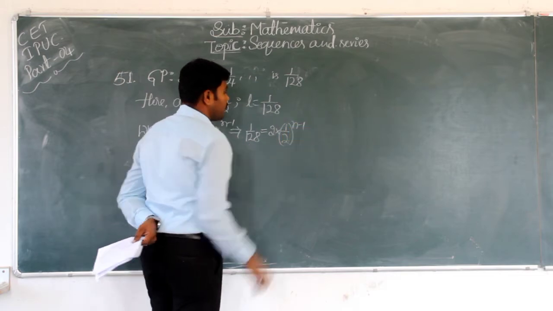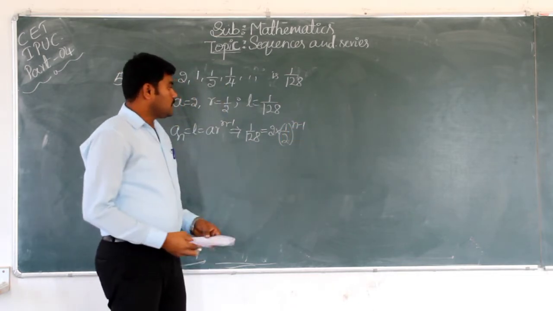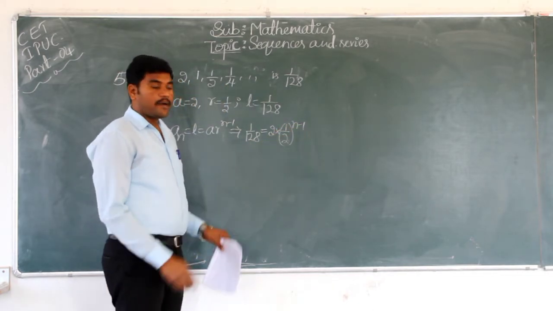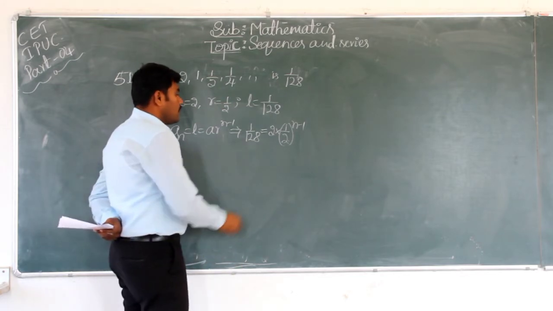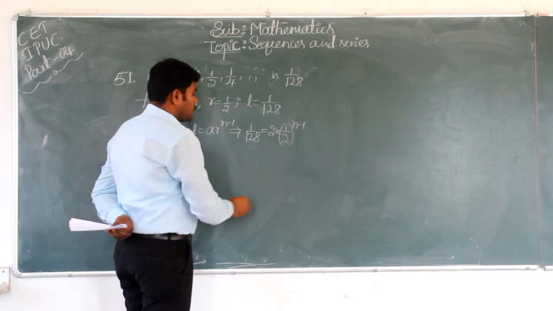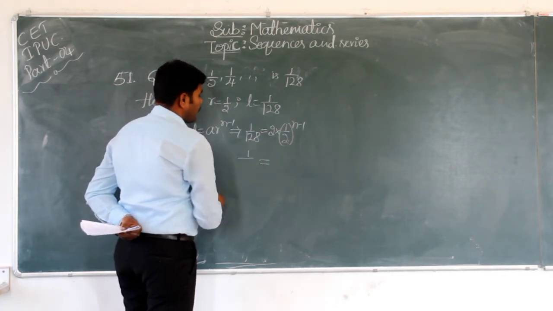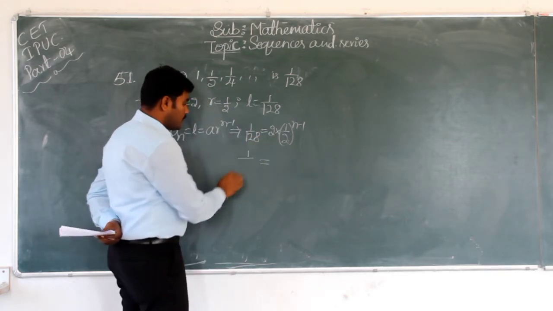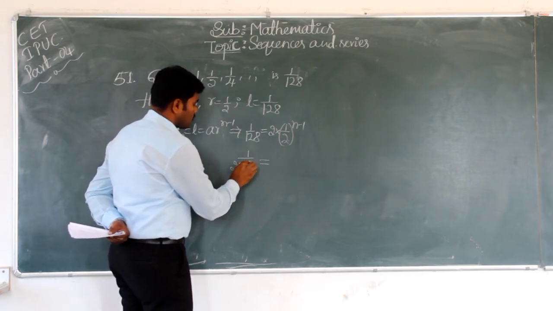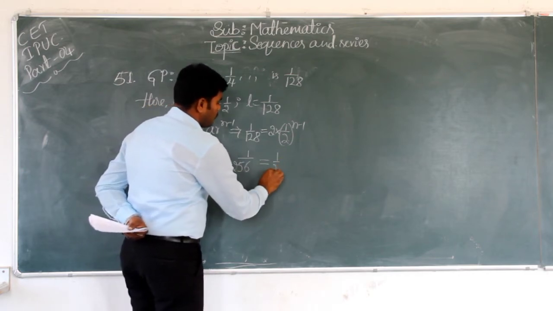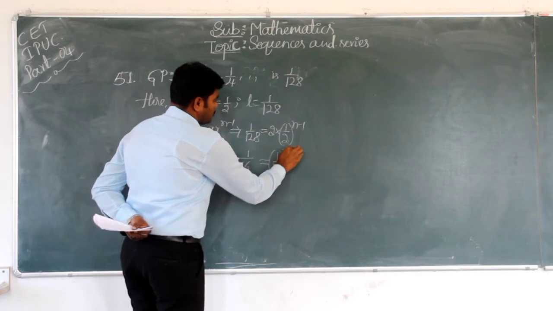Here we just have to find n. On cross multiplying, 1 by 128 into 2, that will be 256 to the power of n minus 1.